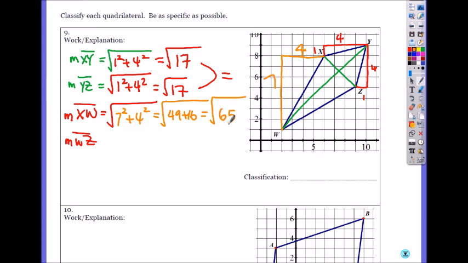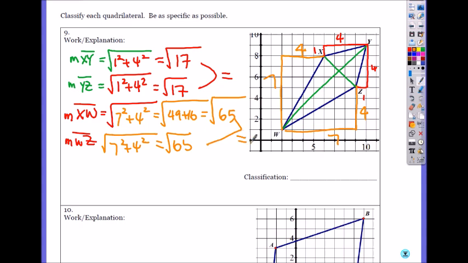Let's just leave it like that. What about here? It has the same dimensions, 7 by 4. We already know they are the same, but you still have to finish your work. 7 squared plus 4 squared is square root of 65. So these two are congruent.